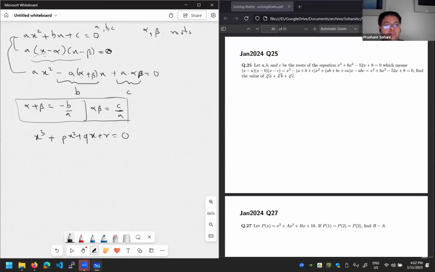So suppose this is your polynomial, and let us say the roots are alpha, beta, gamma. Or in this question, they use a, b, c, so let us use a, b, c only. It doesn't matter. Suppose your roots are a, b, c. Then again, the idea is that, here the leading coefficient is 1, so I can ignore that and just equate this to my x minus a, x minus b, x minus c product.